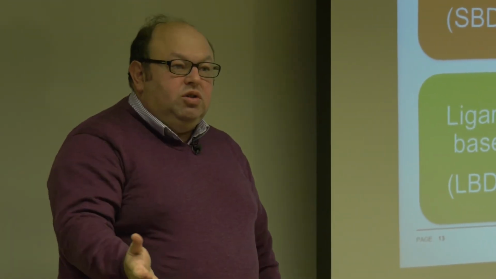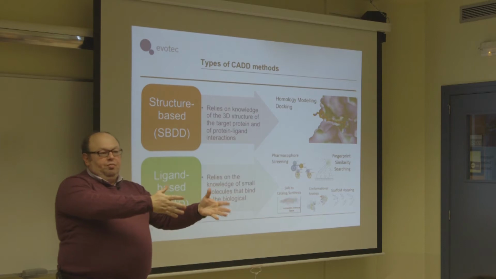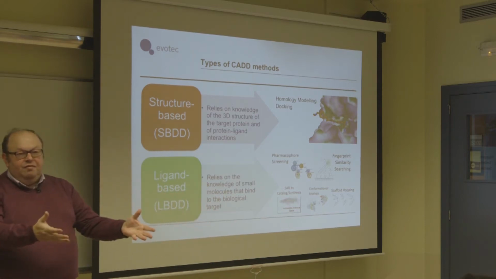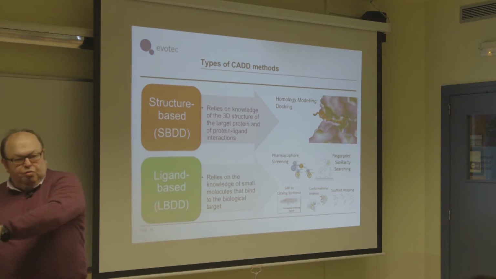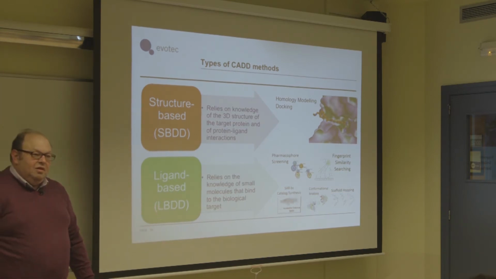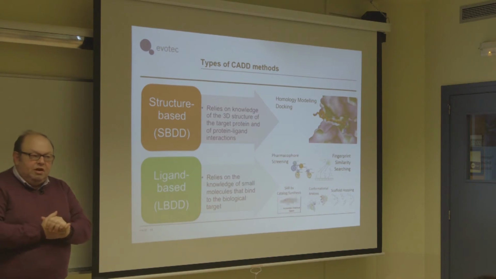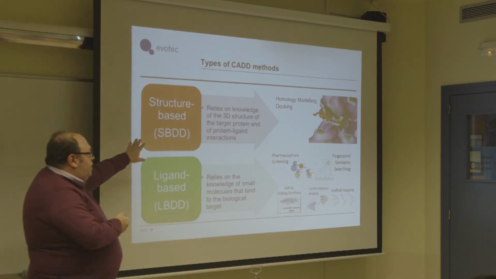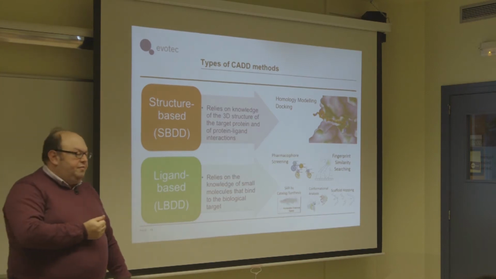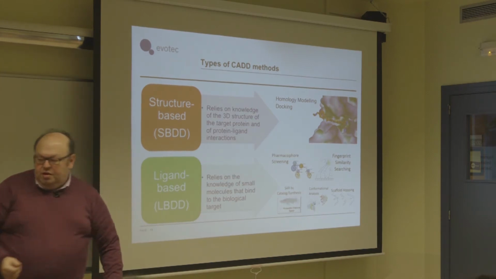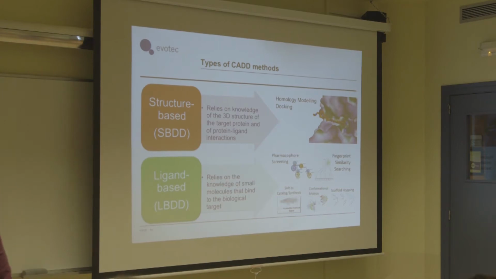You can use methods to build hypotheses about why those compounds that you know bind to your protein, what they have, and then apply this to your molecule. So this is a completely different approach. You don't know anything about the target, but you know about other molecules. Structure-based and ligand-based.